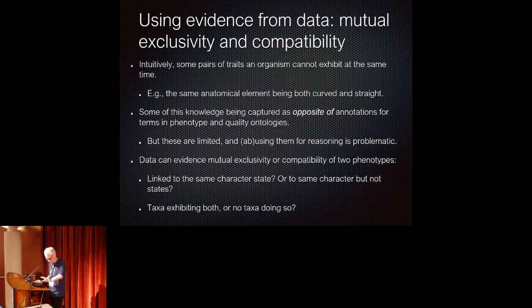So there's some intuition that an organism cannot simultaneously exhibit any pair of phenotypes, right? And so we can use the data to actually look at this. For an example, if I collect a number of phenotypes here about the ceratobranchial 5-tooth, I can then obtain a data structure that collects evidence from strong evidence for compatibility all the way to strong evidence for exclusivity.